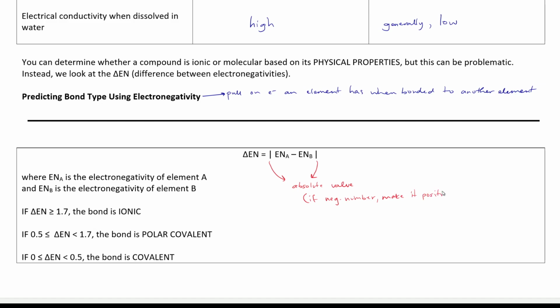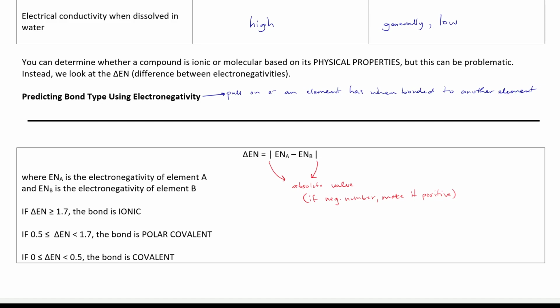So, for example, if the electronegativity of this element is 1, and you subtract 2, inside these two upright lines, you would get -1. But when you take the absolute value, it would just be +1.